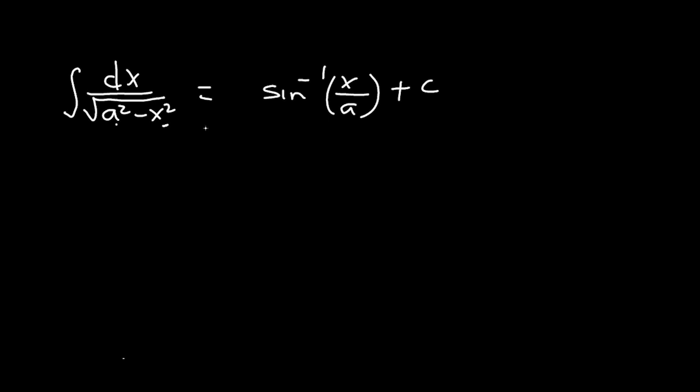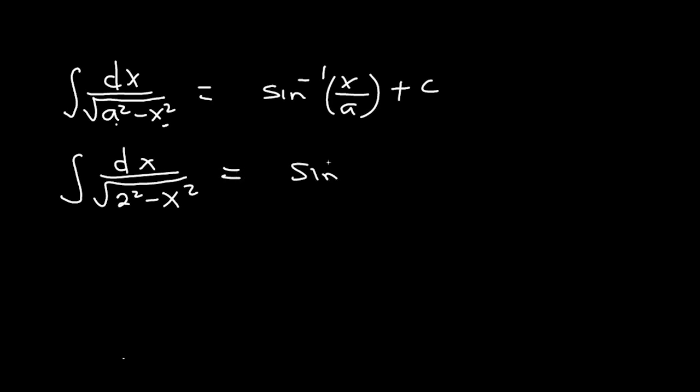A typical example for this one: imagine your a is 2, so 2 squared minus x squared. You must ensure that your a is a perfect square. So in this case, we get inverse sin of x over 2, then you close the brackets, and then plus c. So that's that of that case.